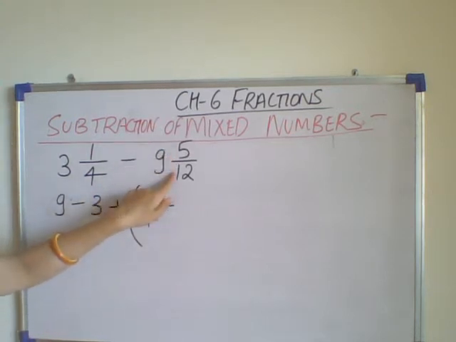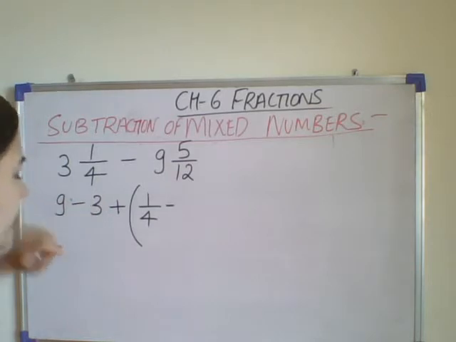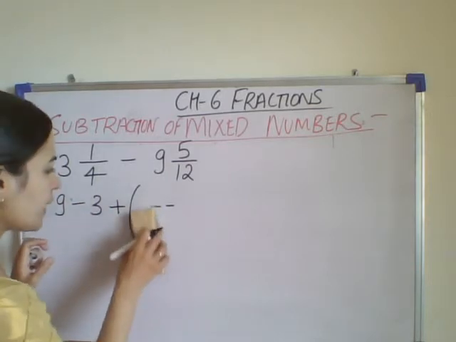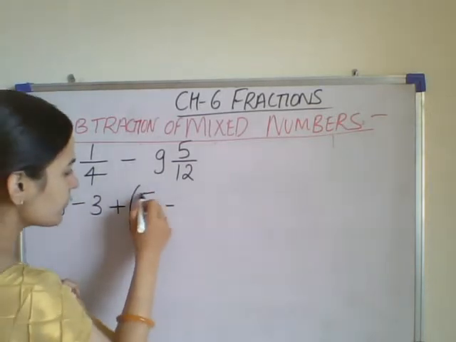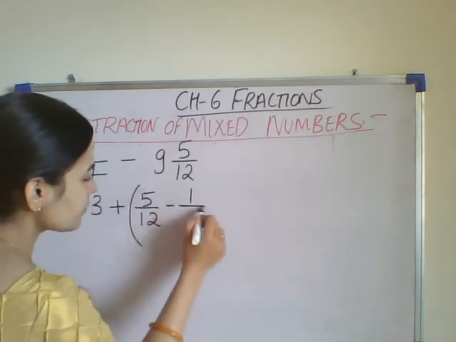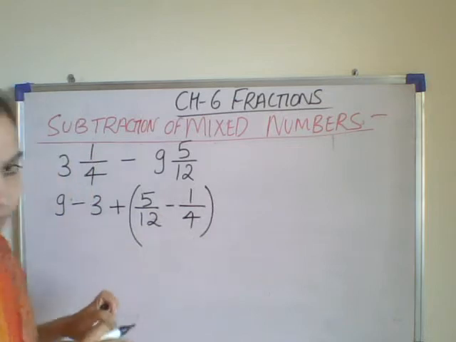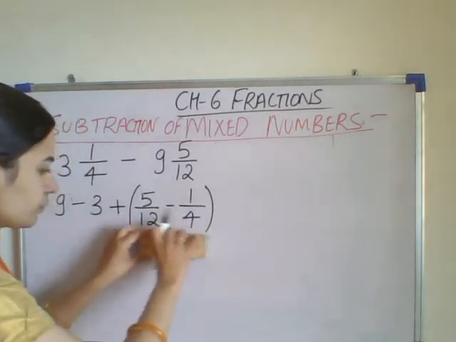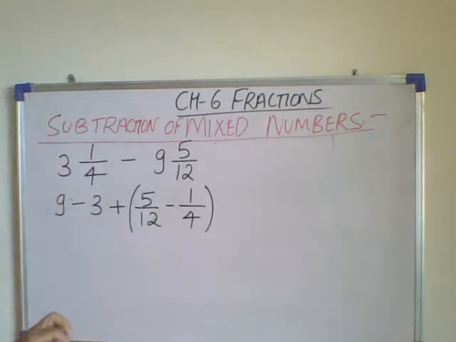So 5 upon 12 is greater. So I will be writing the 5 upon 12 first because I am subtracting it, and I will be writing 1 upon 4. Now let us see how we will be doing it.